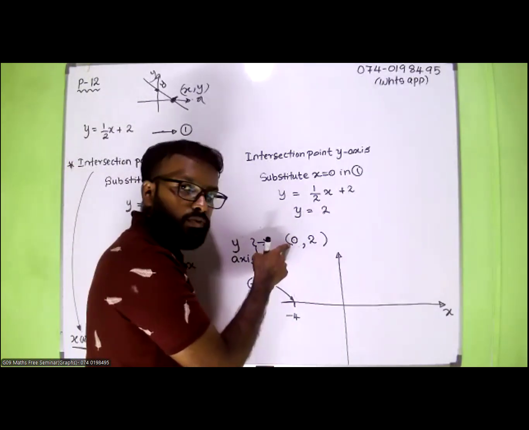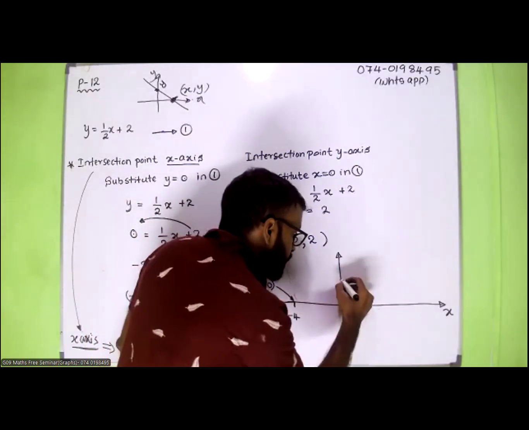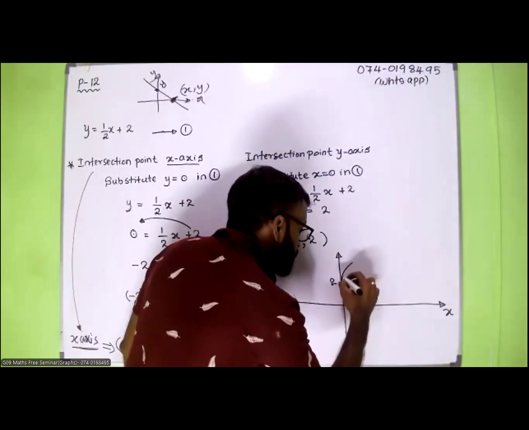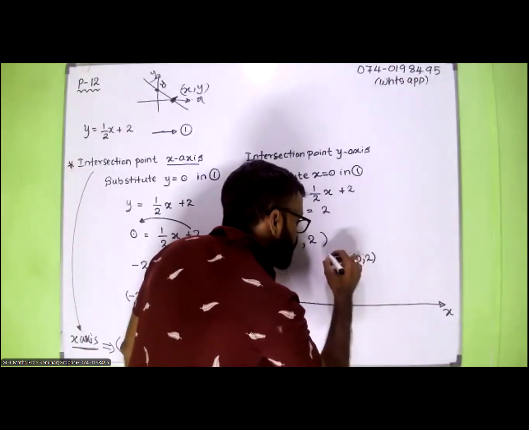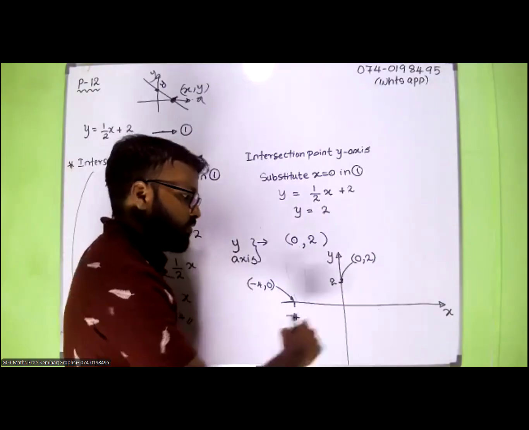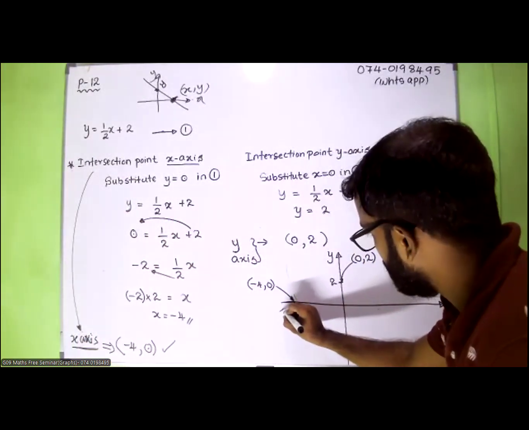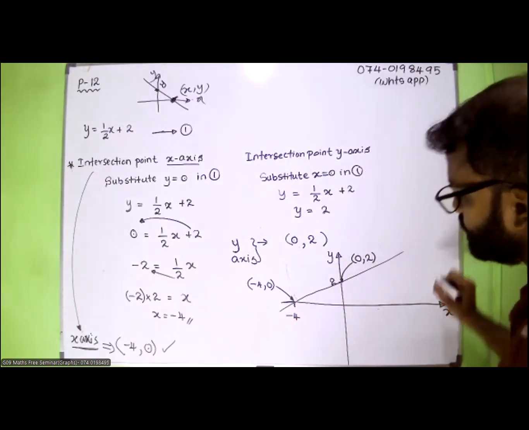Now I am going to mark this one: 0 comma 2. Somewhere around here. So I will take this as 2. This point is 0 comma 2 on the y-axis. So now join these 2 points, from here to here.